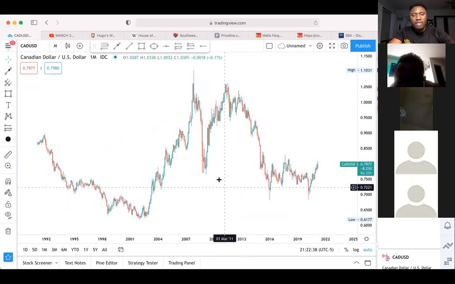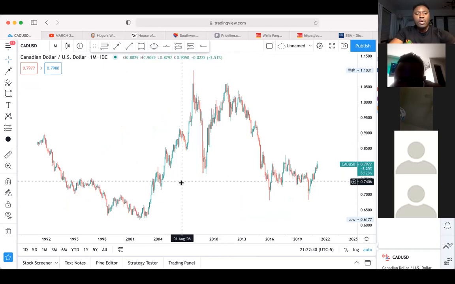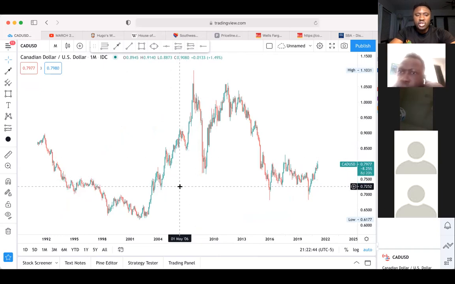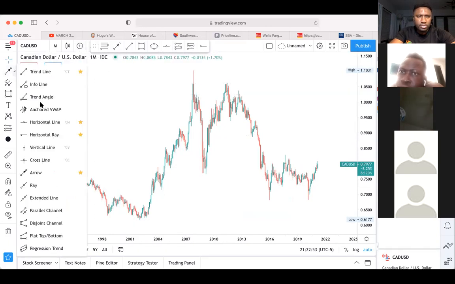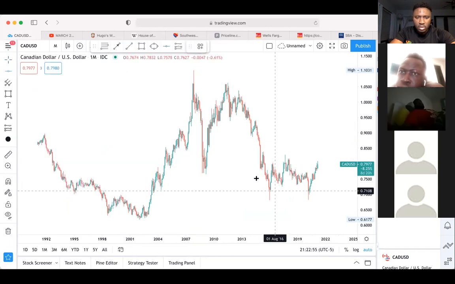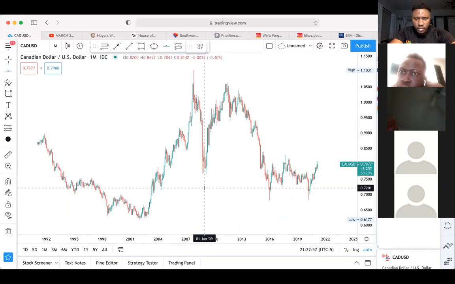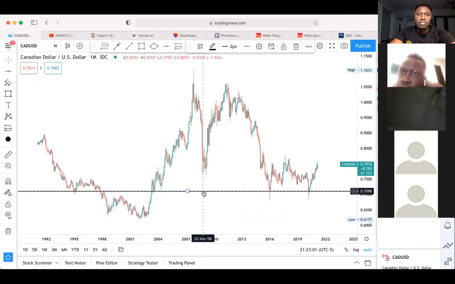So what I'm going to do now, when I first open the chart, I am going to look for my support and my resistance. And looking at this chart, my first support is going to be right here. Let me grab it. Horizontal line. Right about here. Bam.